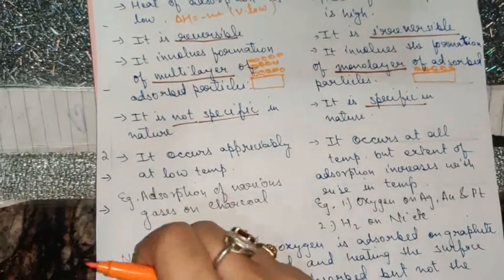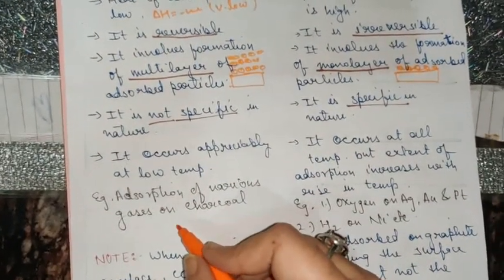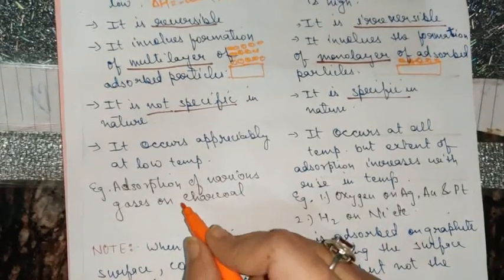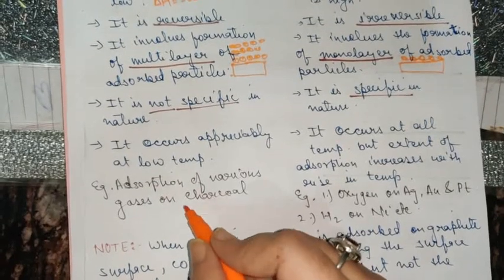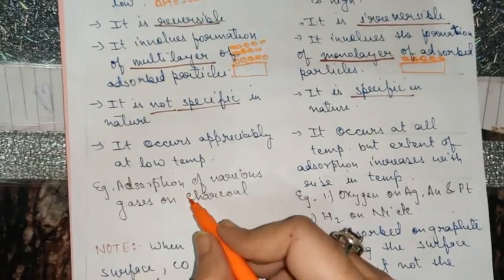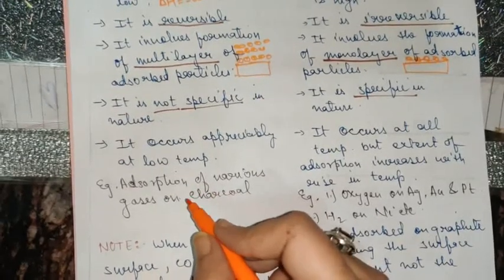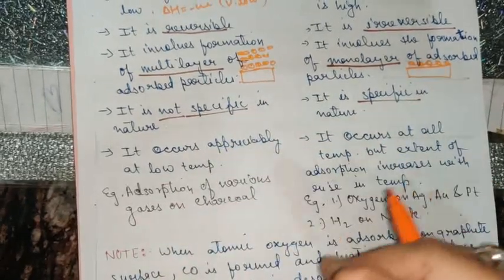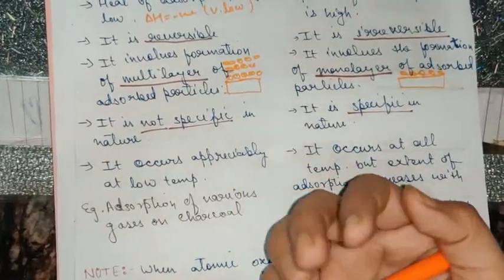Now this is also an important question for your board. The question is asked like this, please note it down, that the miners wear charcoal mask. What is the reason? Because when they go for mining, various poisonous gases are there where the mining occurs. There are various harmful gases which are evolved.